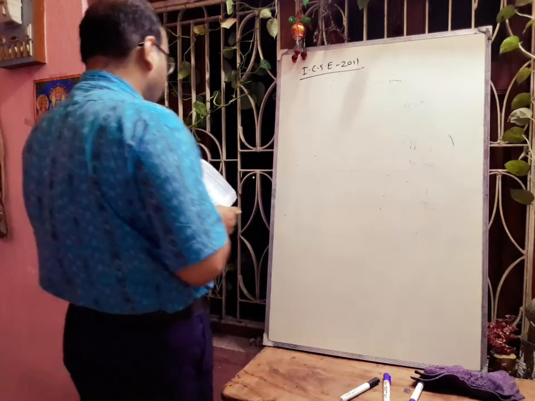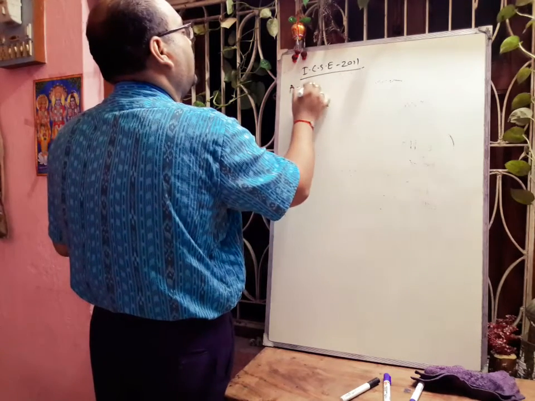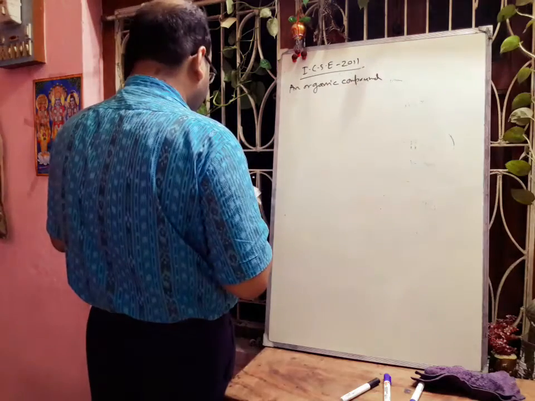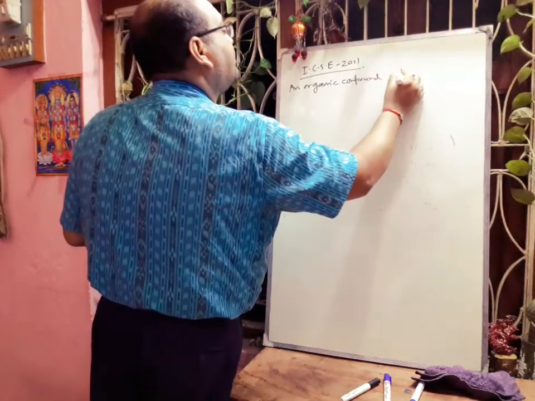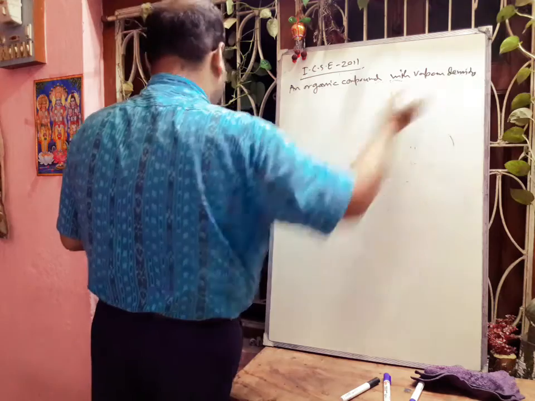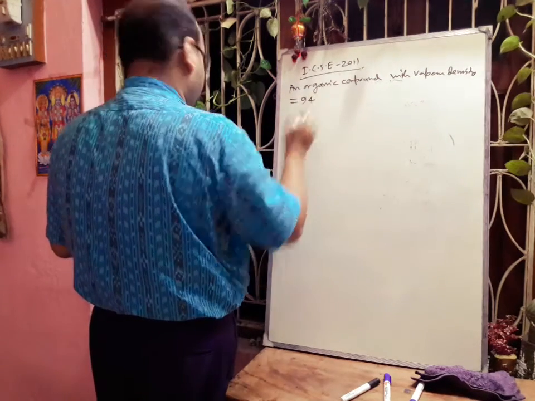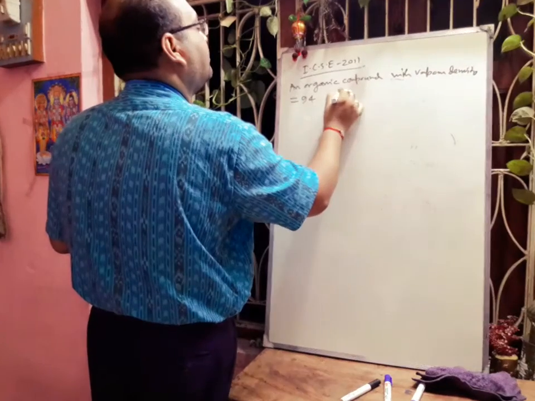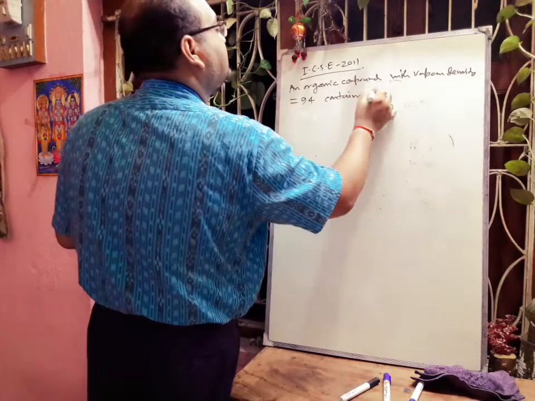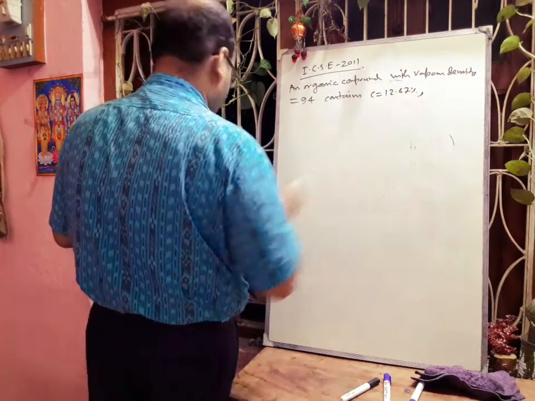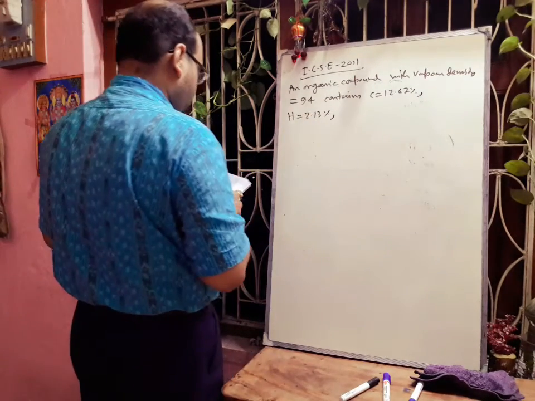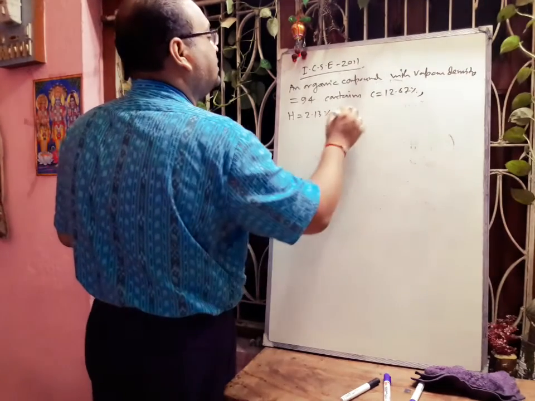So the problem is given that an organic compound with vapor density equal to 94 contains carbon 12.67%, hydrogen 2.13%, and bromine 85.11%.